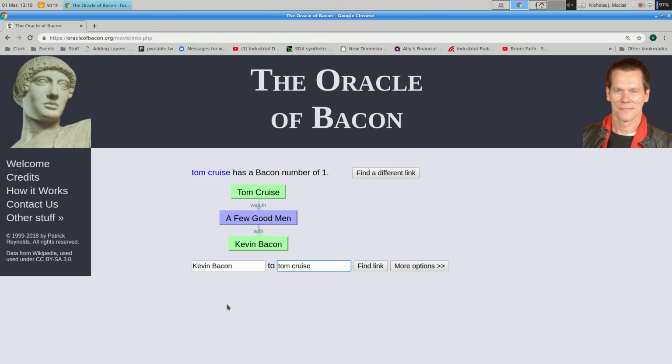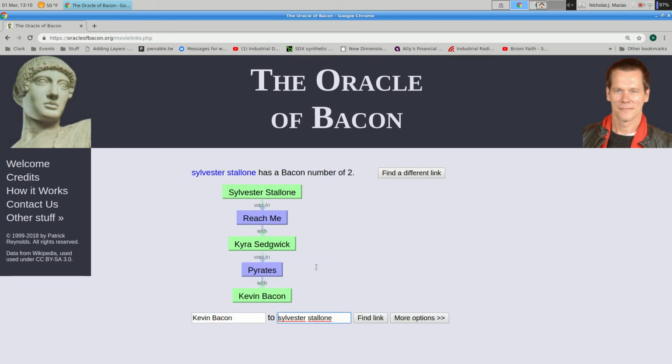Tom Cruise, Bacon number of 1. So this is fairly remarkable, right? Sylvester Stallone. There we go. What about Jackie Chan? Jackie Chan's everywhere. Sylvester Stallone, Bacon number of 2. Kung Fu Panda, there you go.